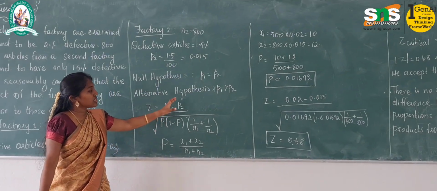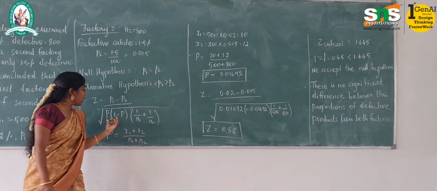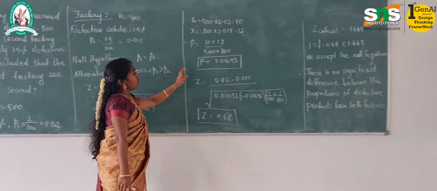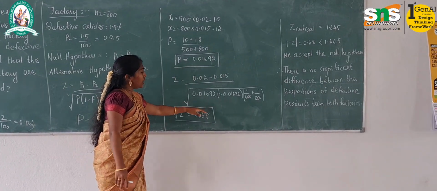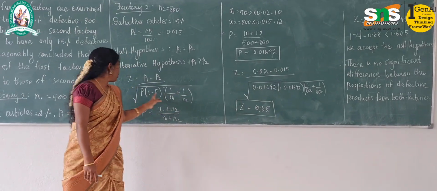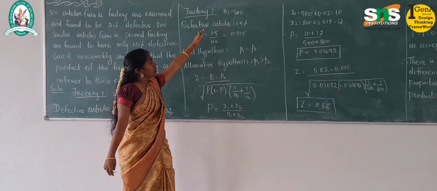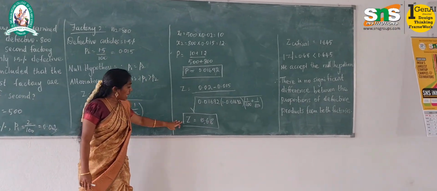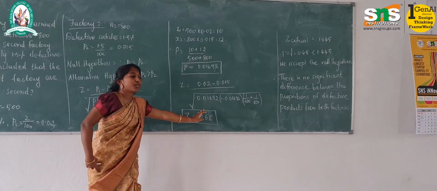Substituting these two values in the numerator, the denominator is P into 1 minus P, where capital P is 0.01692. Then 1 by N1 plus 1 by N2, where N1 is 500 and N2 is 800. Substituting all these values and simplifying, I get an answer equal to 0.68.